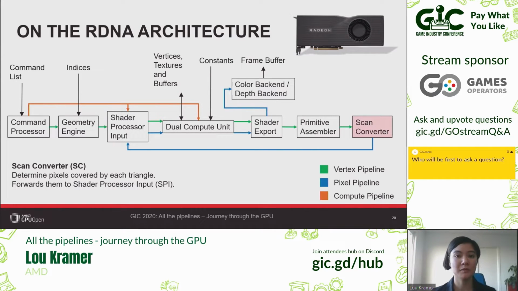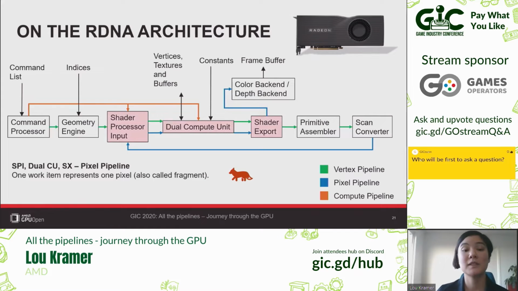And this is also the stage where we go from the vertex pipeline to the pixel pipeline, because all the stages after the scan converter will operate on single pixels. So the scan converter determines all the pixels that are covered by the triangle, and then the pixels get forwarded basically back to the shader processor input. Shader processor input waits again until there are enough work items, in this case until there are enough pixels, and then it kicks off the work at the dual compute unit.